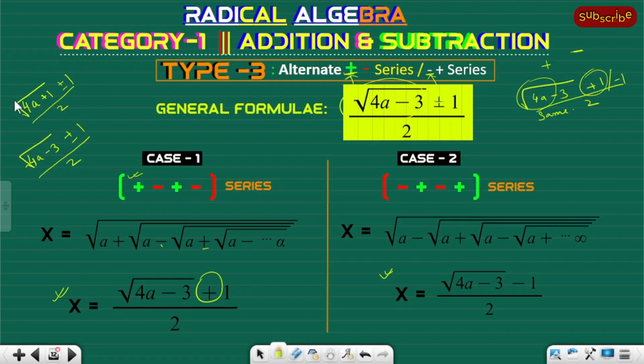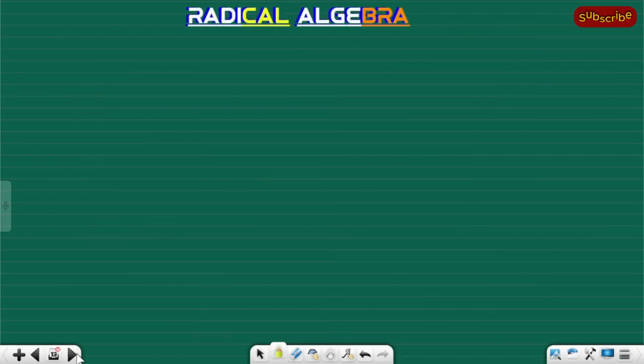So remember these two formulas. This one is for the alternate series. That one is for the plus plus plus series or minus minus minus series. Here it is plus minus plus or minus plus minus. Here minus 3, here it is plus 1 under the root. That is the difference. Let's see some examples.